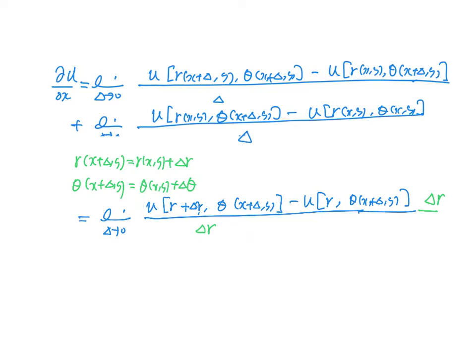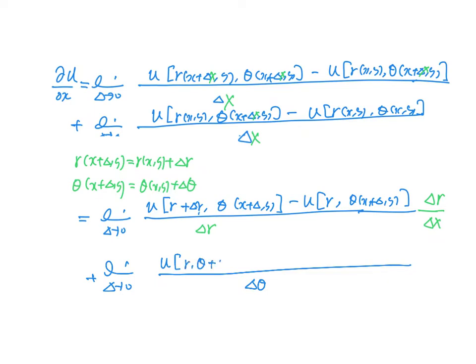Plus, as delta goes to 0, the limit of u(r, theta plus delta theta) minus u(r, theta), times delta theta over delta x.